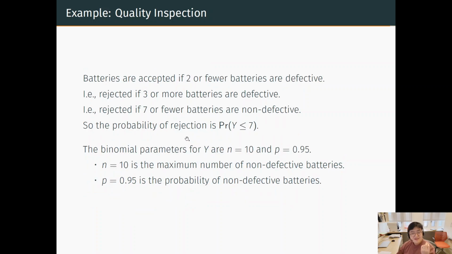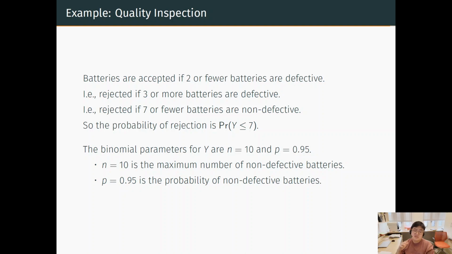So it's tricky. It is easy to make tricky questions, so you have to be careful what you are doing. And we are going to define the parameters first. Y is the number of non-defective batteries. And remember, N is the maximum possible outcome, which is 10. When you inspect 10 batteries, at most you can see 10 good batteries, of course.